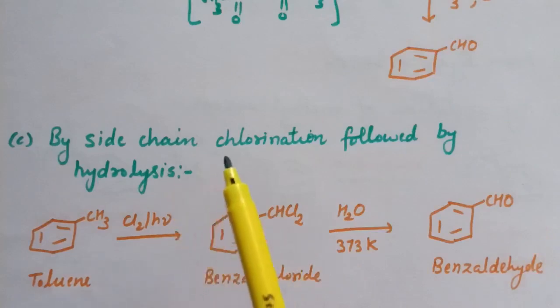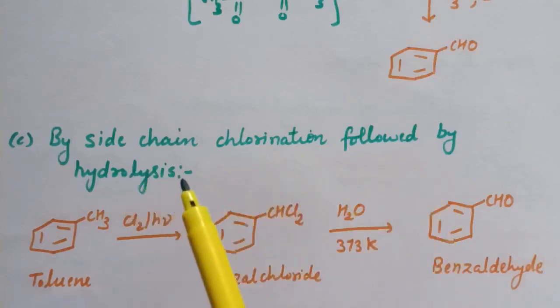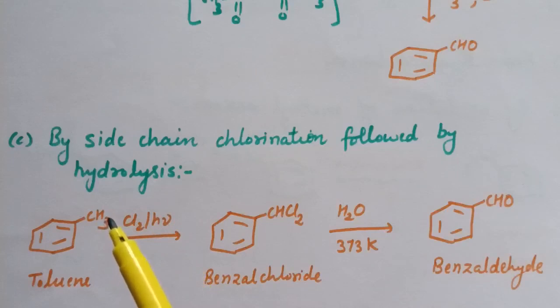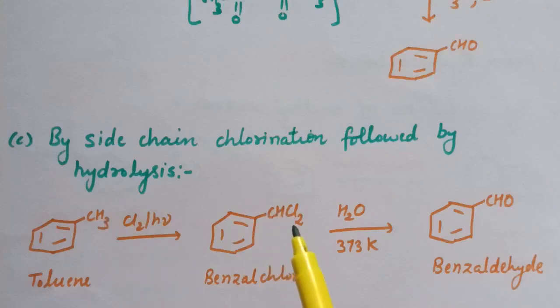Now third is side chain chlorination followed by hydrolysis. Here again methyl benzene is treated with Cl2 in the presence of sunlight. Chlorination takes place and two hydrogens are replaced by two Cl. In the presence of sunlight and Cl2, chlorination takes place and benzal chloride is formed.